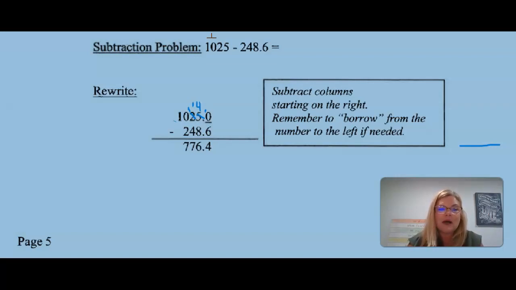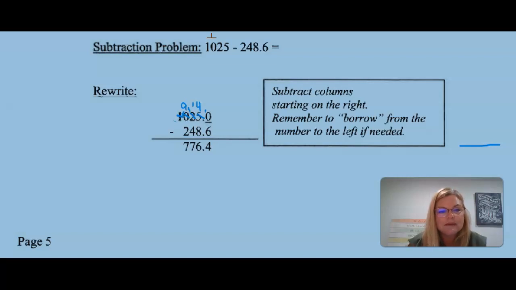And then 1 minus 4, again, we know we have to borrow. Okay, this is where it gets a little bit crazy, because here we have a 0. We can't borrow from the 0, so we have to go all the way over, get rid of that, make this a 10 first, okay? Now we need to borrow from that 10, so this becomes a 9.